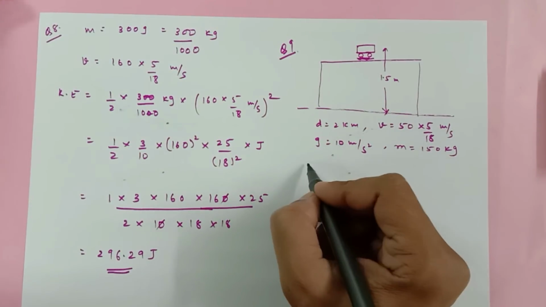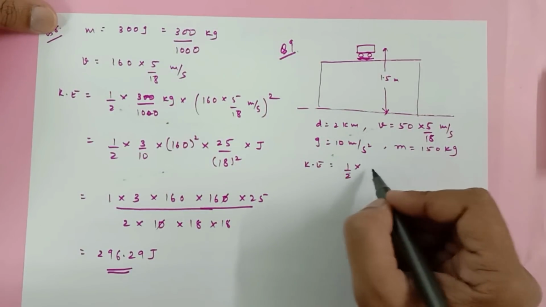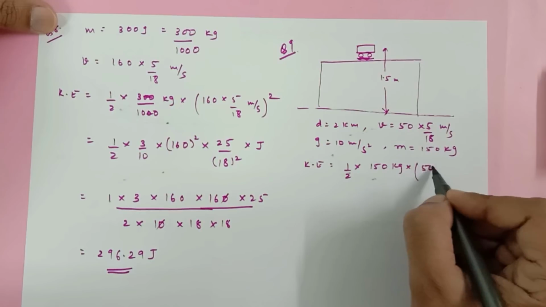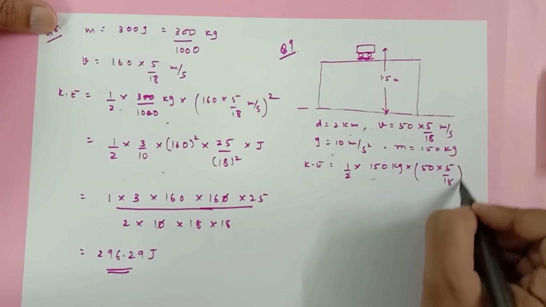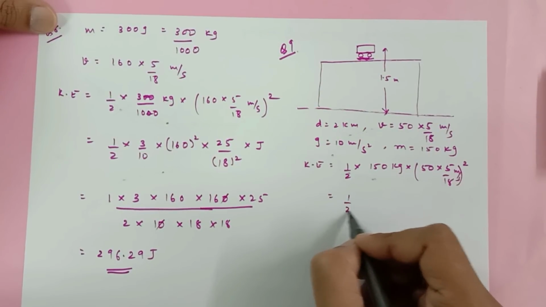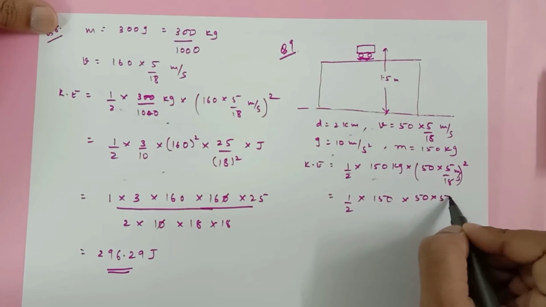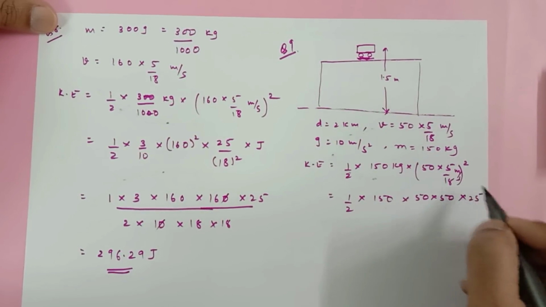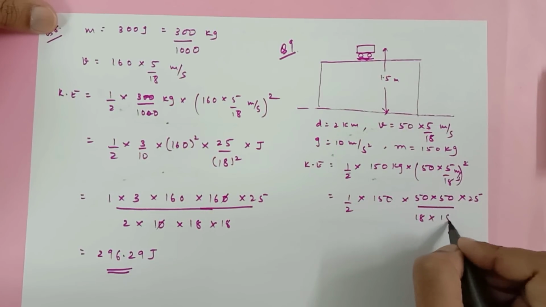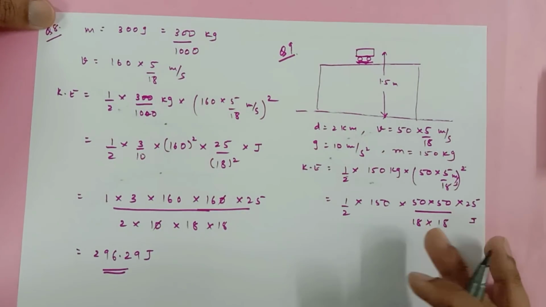So if I find out the kinetic energy, that is half into mass, 150 kg, into v, 50 into 5 by 18, the whole square meter per second. So it is half into 150 into 50 into 50 into 25, because 5 square is 25, upon 18 into 18. And everything is in SI unit, so I'll get my answer in joule. Right, people?